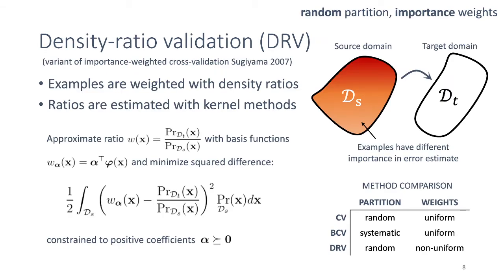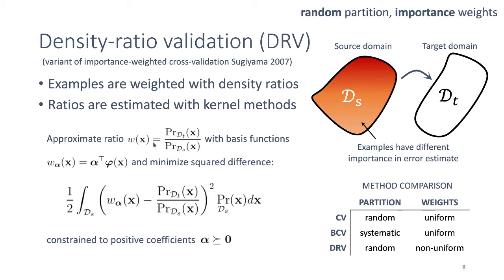The third method we will compare comes from the transfer learning literature. Density ratio validation is a variant of importance-weighted cross-validation. In this case, all the examples in the source domain are assigned weights, which are density ratios between the probability density of covariates in the target and the probability density of covariates in the source.